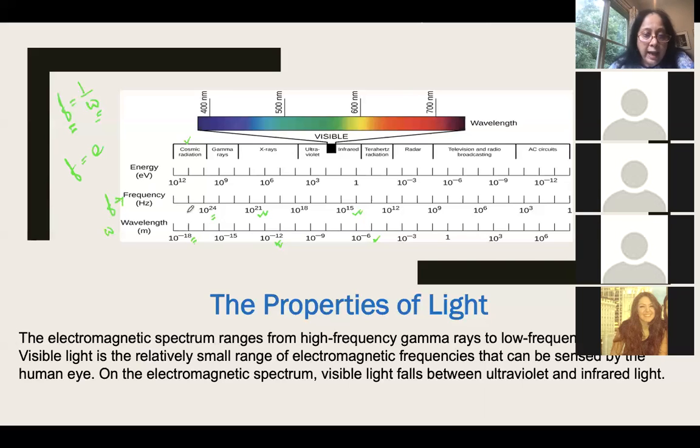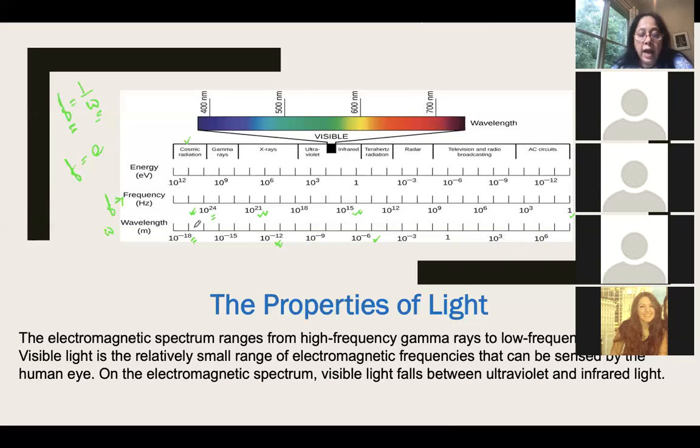If we go by the frequency, you can see in this slide the range of the wavelengths from 10 to the power 24 all the way to 1. So many different types of light rays are there: cosmic rays, gamma rays, X-rays, ultraviolet, infrared, radar, television and radio broadcasting waves, AC circuit waves.